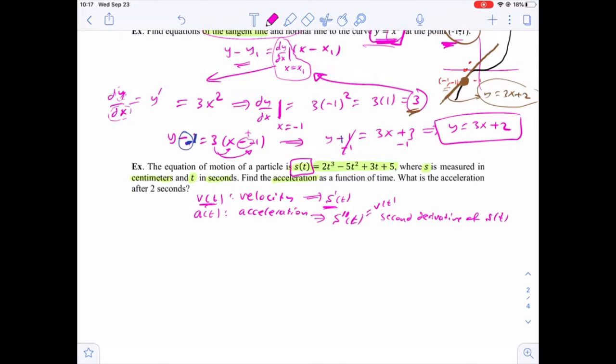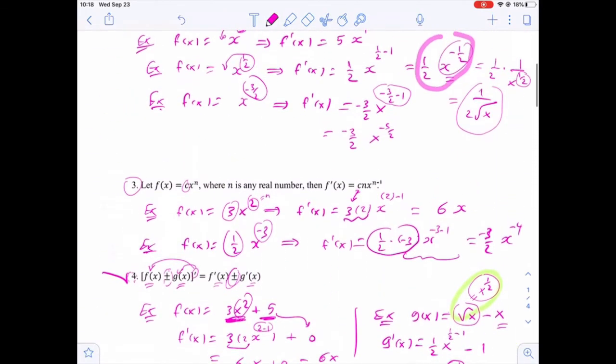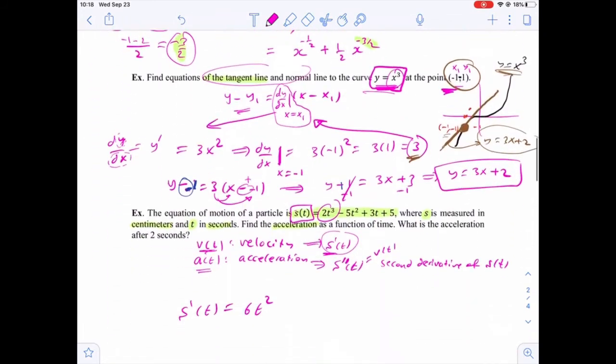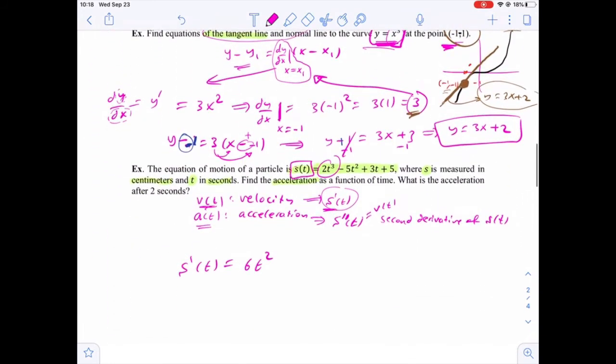Okay, so we want to find acceleration. In order to find acceleration, we need first to find the derivative of the function, I mean velocity. So s prime of t is, what is the derivative of the first term? It's 6t squared. I applied rule number 3. We have a constant multiplied by t to the power n, or t to the power 3.